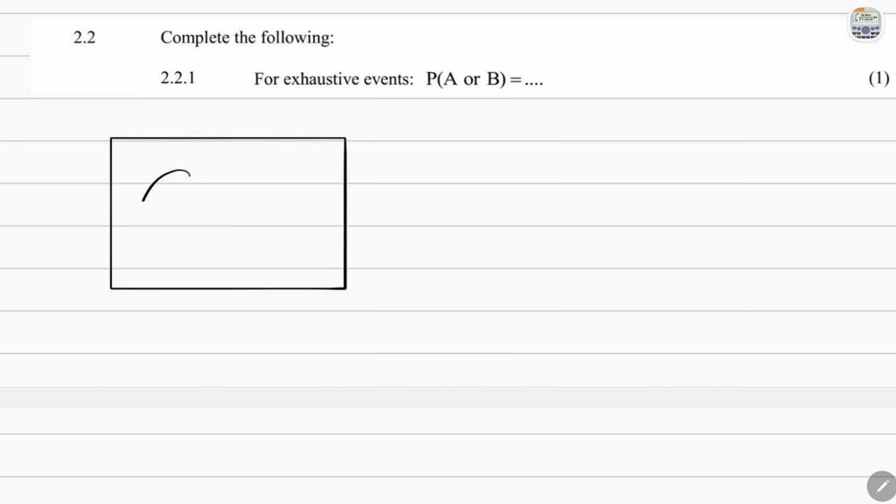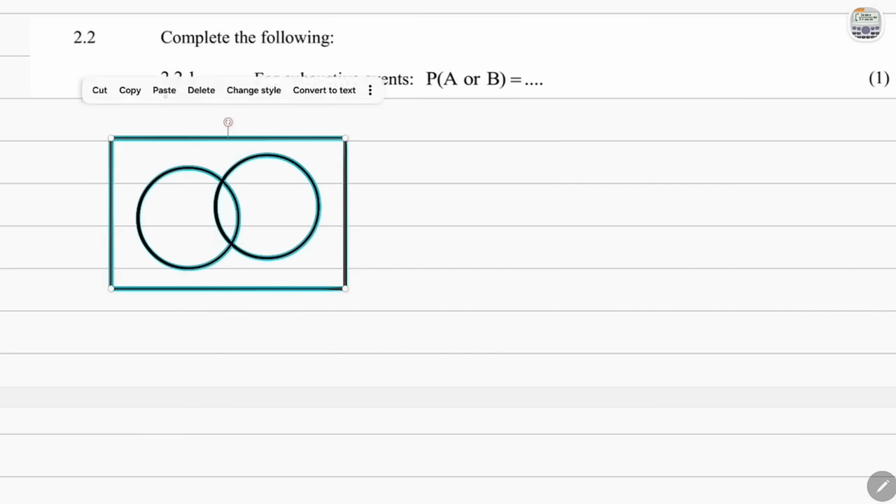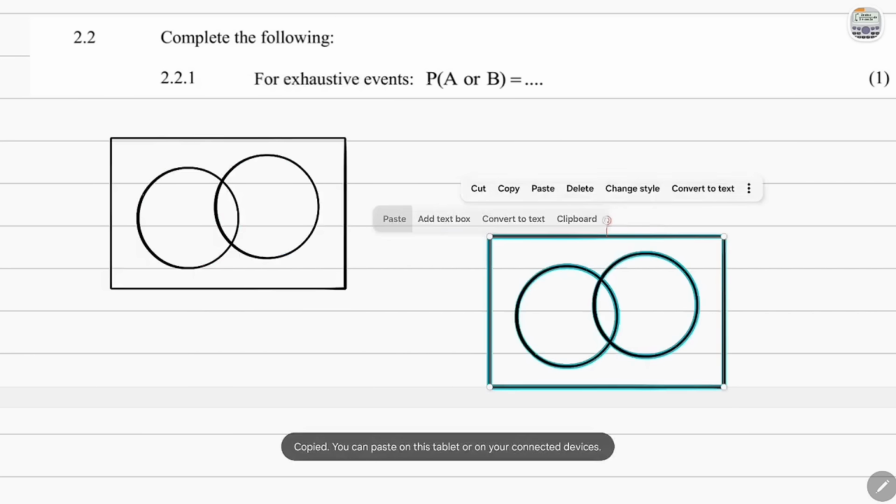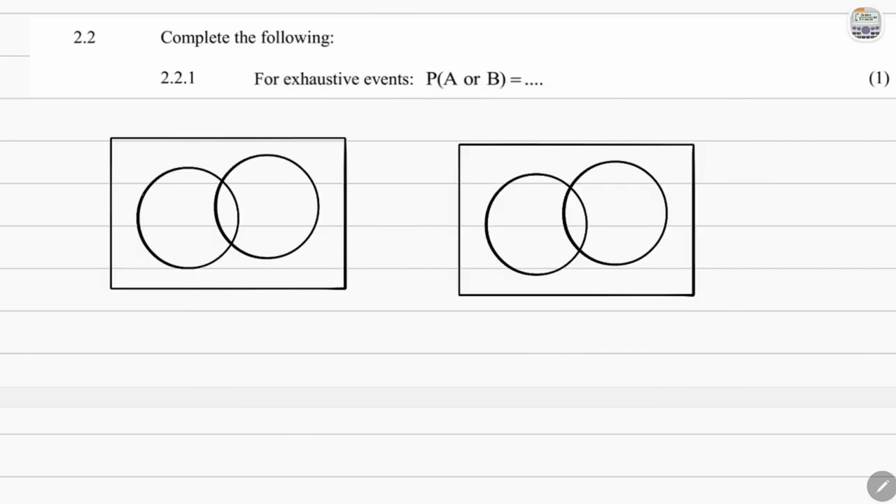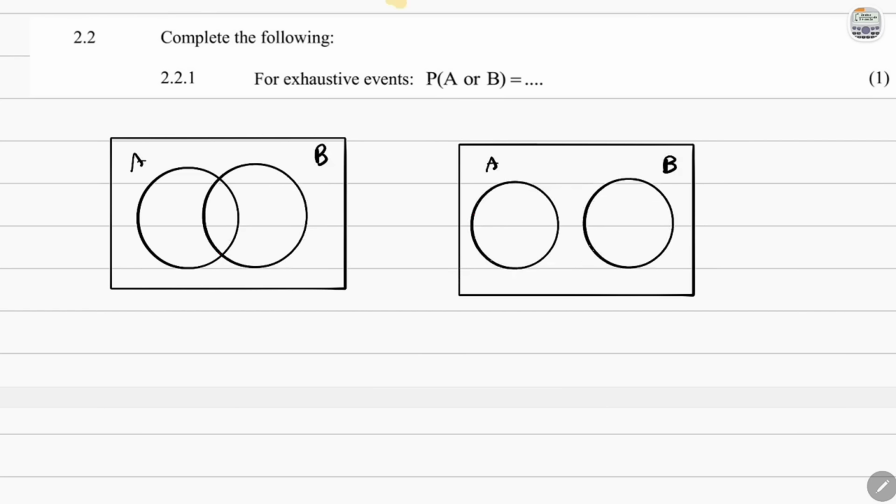Okay, so with exhaustive events, they can be mutually exclusive. They can also be a situation where they're not mutually exclusive. But the whole point of exhaustive events is that the probability of A or B is simply going to give you 1. Okay, so if you found the probability of A or B, which would be this, it would give you 1.